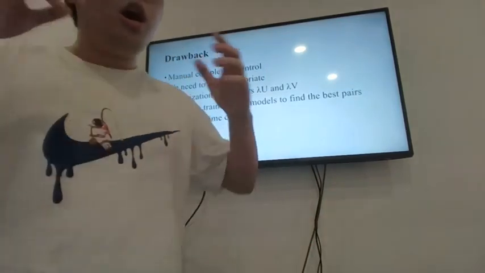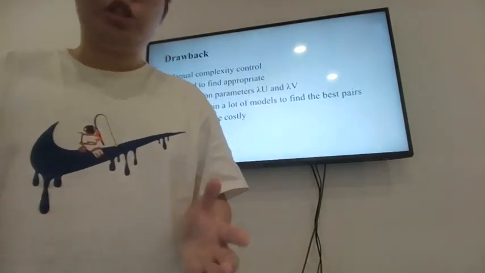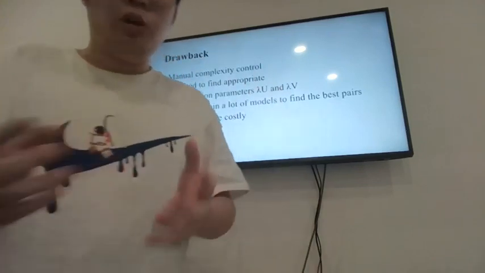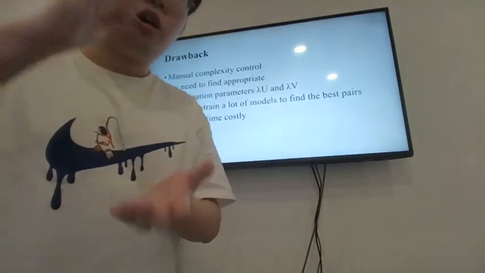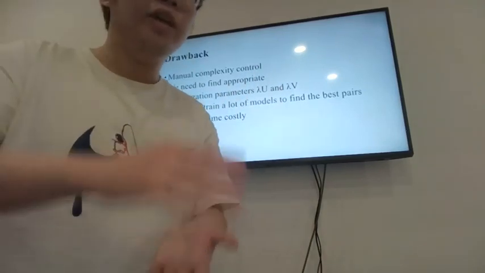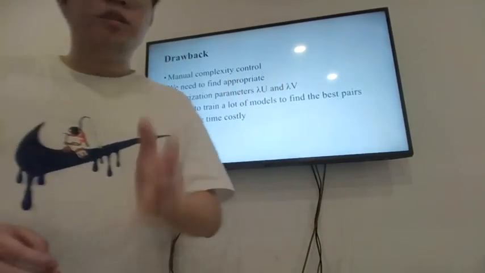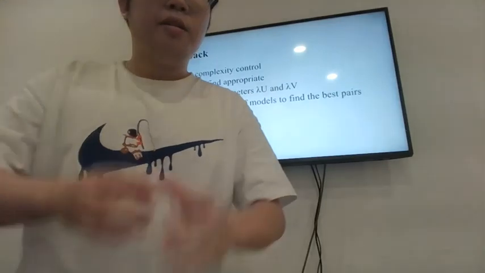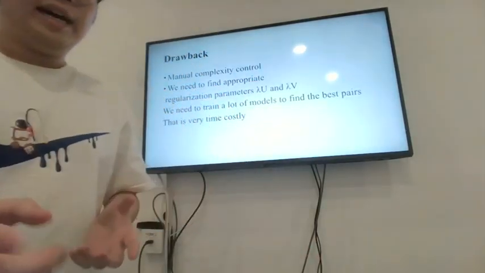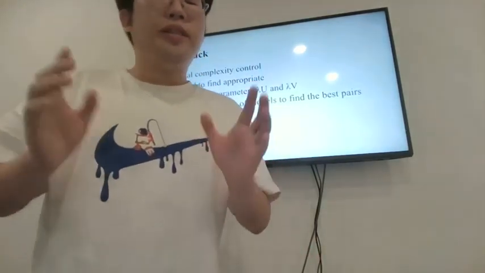So what we need to do is train a lot of models, using each pair of lambda U and lambda V in the desirable set, and then find the best pair. So you can see that this process is very time costly.